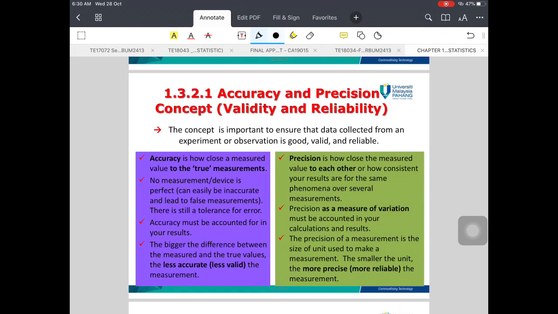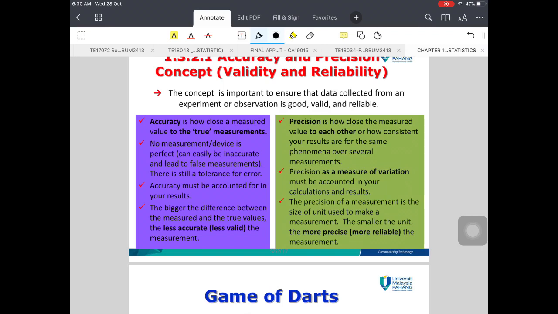Accuracy refers to how close a measured value is to the true measurement. So you're looking for the center one, for example, and how accurate your data distribution is towards that center or true measurement.